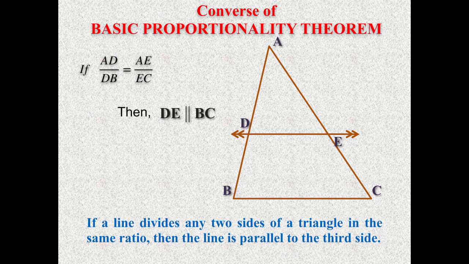We can prove triangle ADE and triangle ABC similar by the given ratio and one common angle A, that is the SAS similarity rule, and then we can say because of equal corresponding angles, DE is parallel to BC.